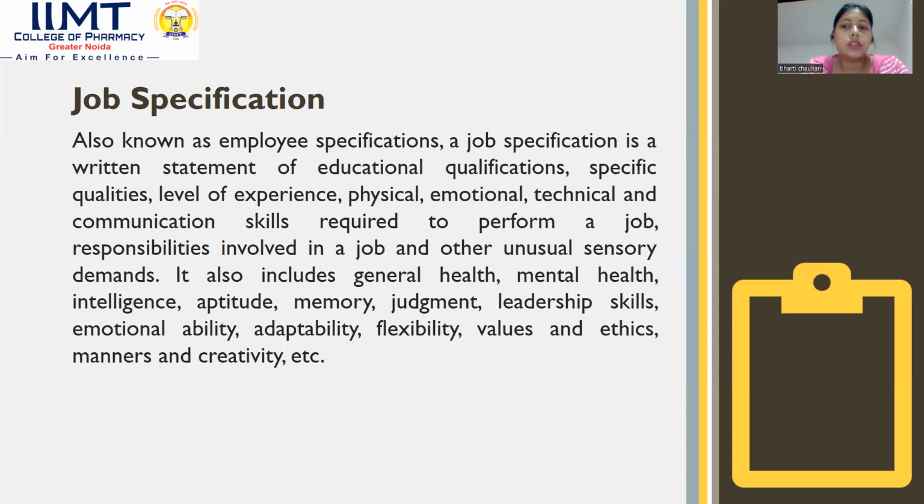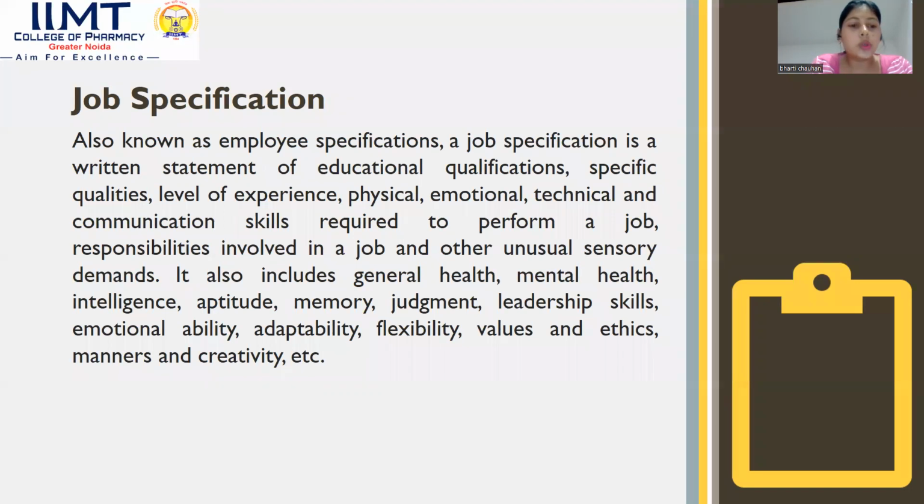So first, a job specification is a written statement of educational qualification, the specific qualities that are required to apply for that particular job, or level of experience which is required, physical, emotional, technical, communication skills required to perform a job, responsibilities involved in a job, and other unusual sensory demands. It also includes general health, mental health, in particular that a person should be mentally stable, right?